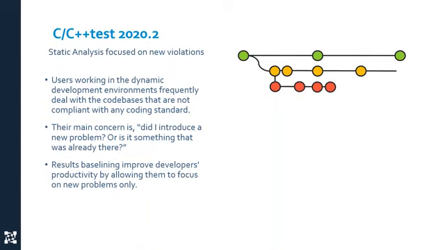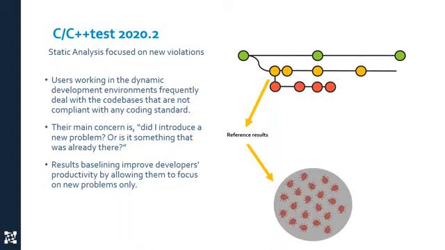How does it work? With C++test 2020.2, when running the static analysis, users can provide a reference report representing the project's accepted state. When the new session is executed, results will be compared with those pre-existing, and only new findings will be reported.